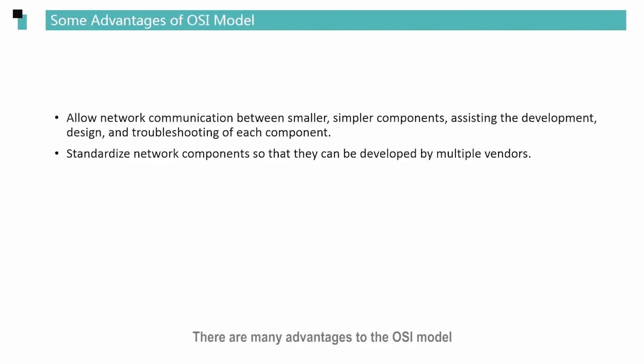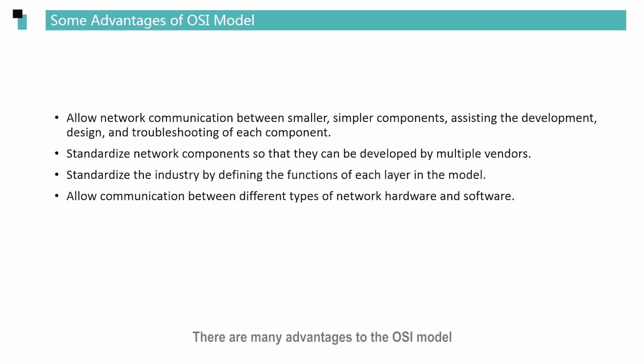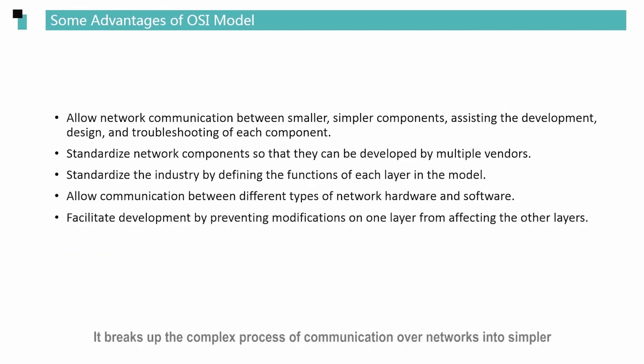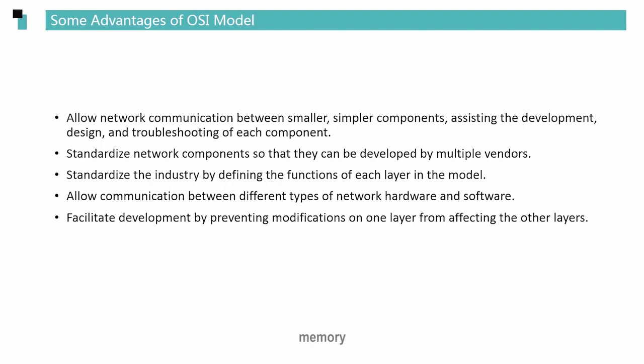There are many advantages to the OSI model. It breaks up the complex process of communication over networks into simpler, more easily understandable processes. We can compare this to the different components of a desktop computer, with the CPU, memory, line card, and so on. The CPU and memory may be made by different companies, but they must still be compatible with each other.